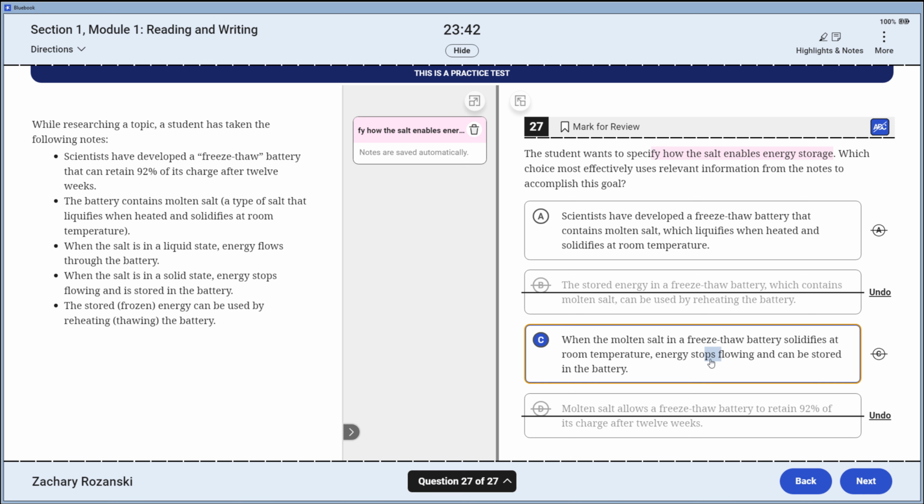Yes. So this is true. Scientists have developed a battery that contains molten salt, which liquefies. Yeah. So this doesn't engage with the how. This is a factual detail, and I appreciate those statements. I am going to pick this one, and I'm going to move on to the first vocabulary question in this moment.